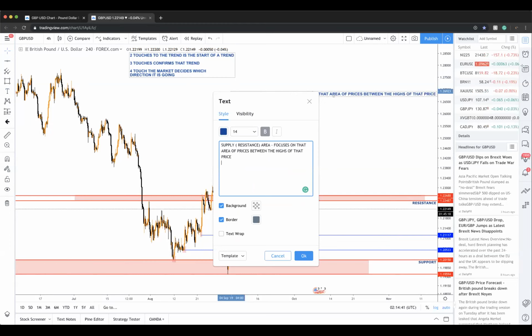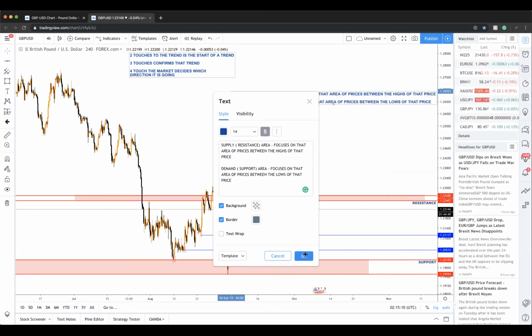And the demand, which is also representing as our support, focuses on that area of prices between the lows of that price.